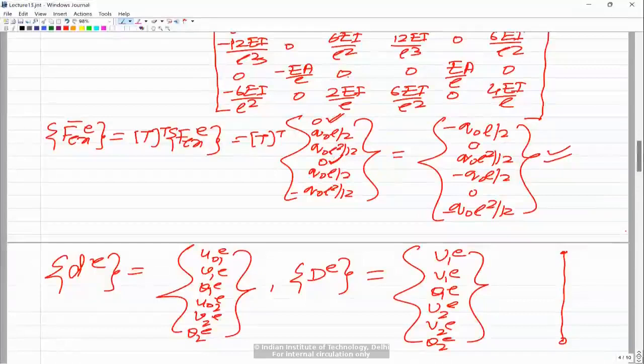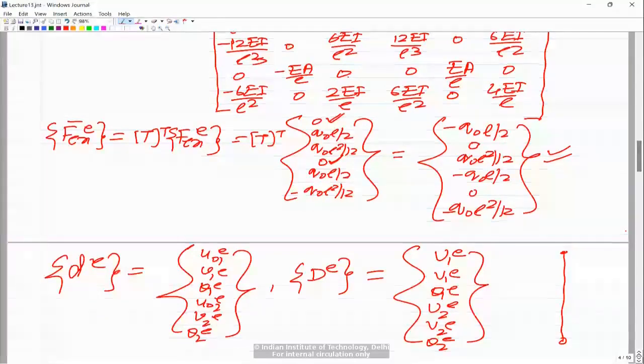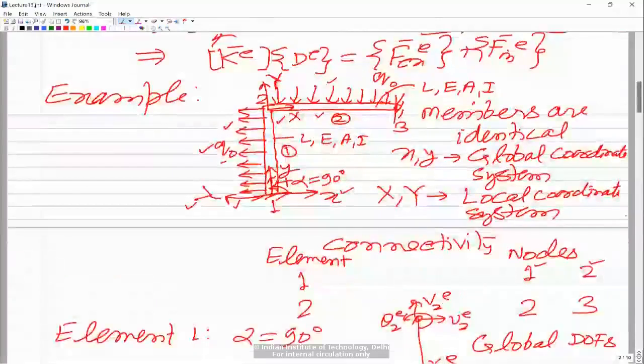But if we see the frame element, it is being subjected to axial load along the local coordinate x. No, it is not. I'm talking about the first element. This load Q naught is along the y direction. There is no externally applied distributed load along the capital X direction.